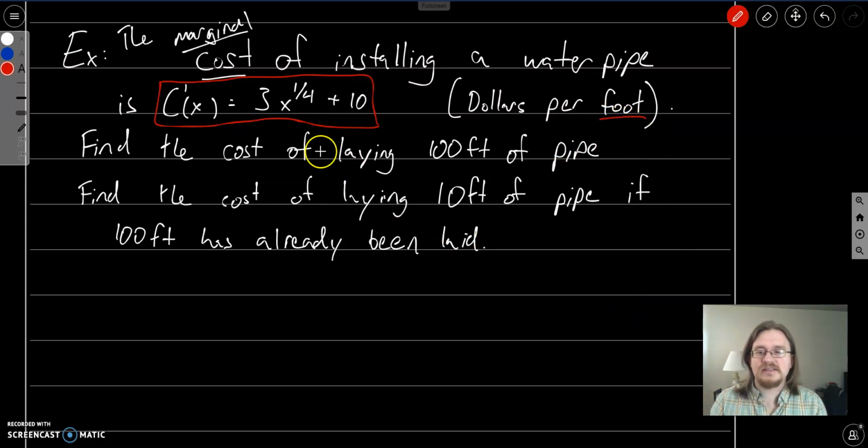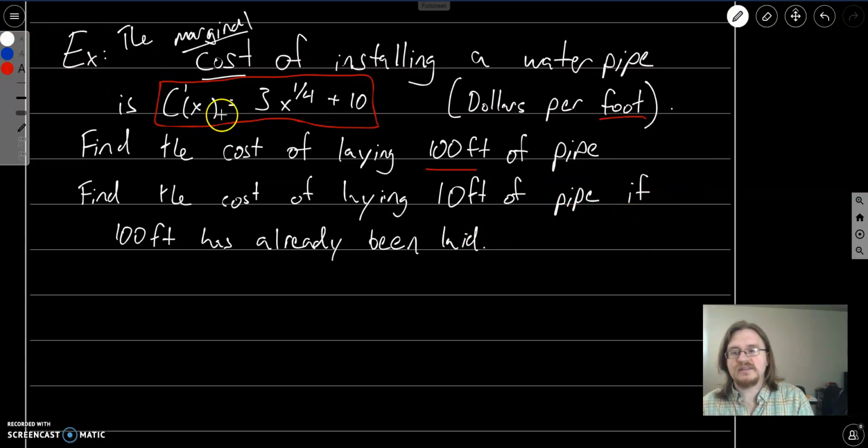I've just come up with this formula, I have no idea if it's accurate, but it's going to be measured in dollars per foot. We want to find the cost of laying exactly 100 feet of pipe.